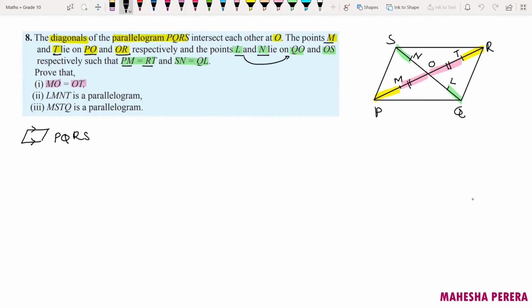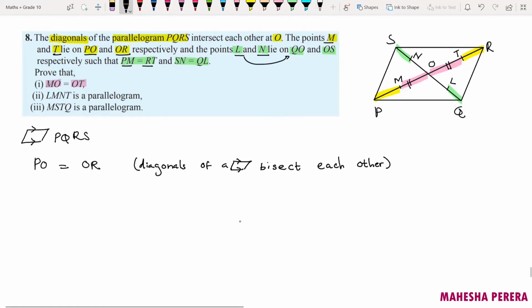So we know that PO equals OR because diagonals of a parallelogram bisect each other. And then we are given that PM equals RT, and this is given.